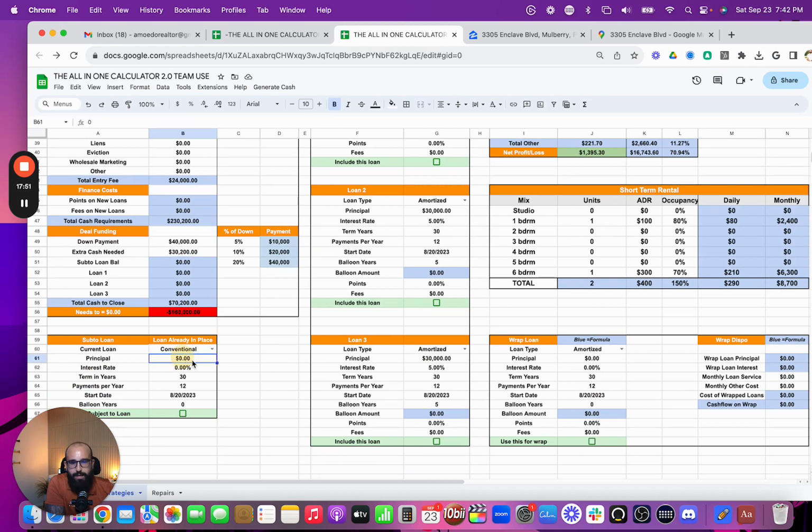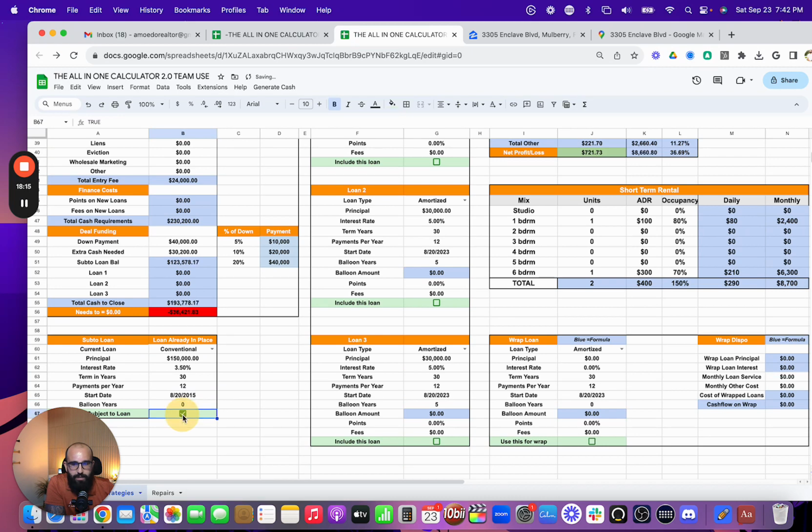Okay, let's say that they had a conventional loan of $150,000 at a 3.5% interest for 30 years with 12 payments per year, and they got this loan, let's say, back in 2015.